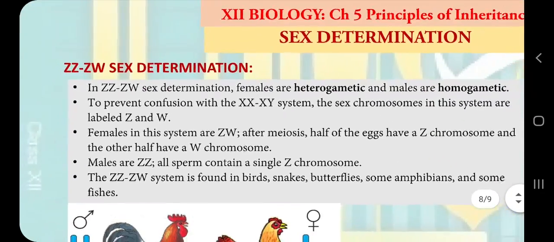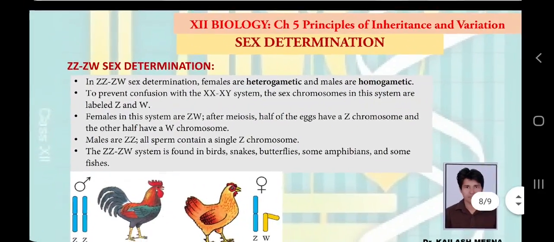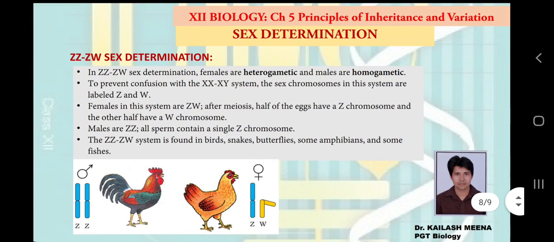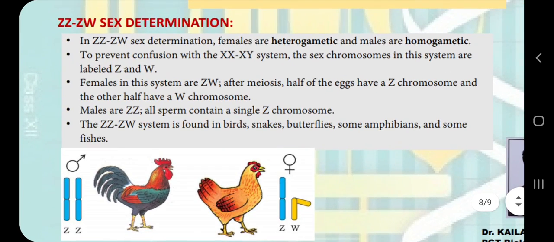Now the next mechanism is ZZ-ZW sex determination. What are these ZZ and ZW? These are also sex chromosomes, and actually it is like the XX-XY type of sex determination, but in this case the male is producing the same type of gametes and the female is producing different types of gametes.